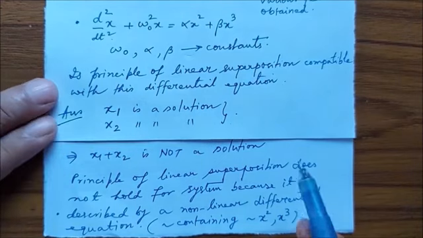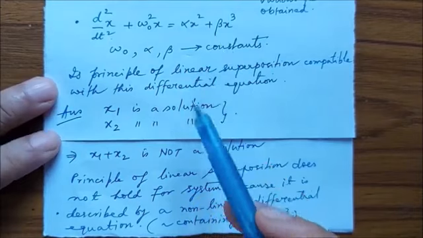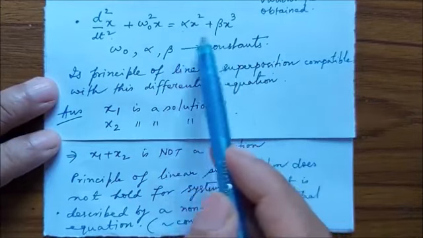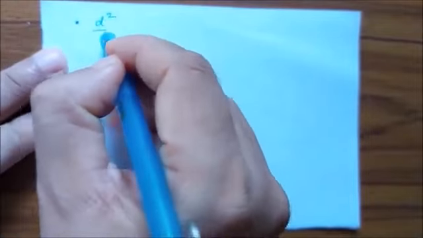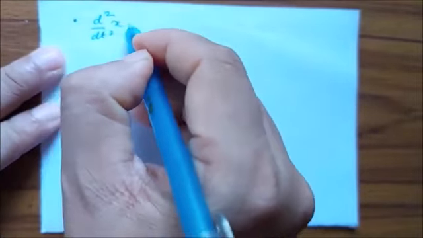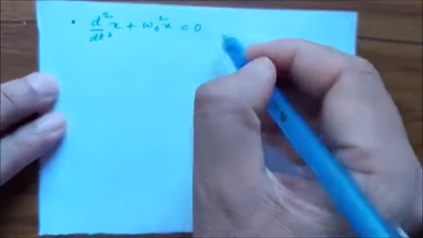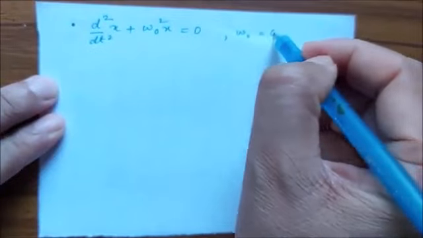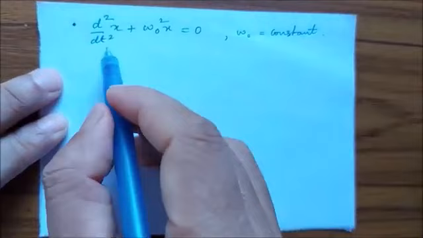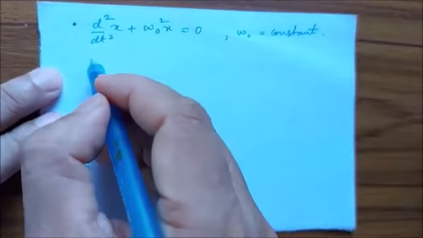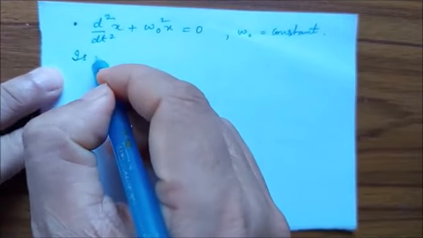Now suppose that alpha is 0 and beta is 0, which means we get rid of the nonlinear part. So let us set up the problem. Consider a system that is described by this equation, where omega 0 is a constant. This is obviously a simple harmonic oscillator equation. So the system is an oscillator, simple harmonic or linear oscillator.